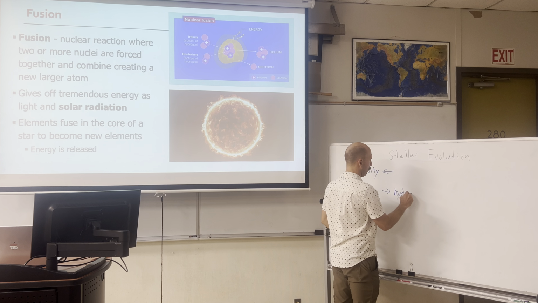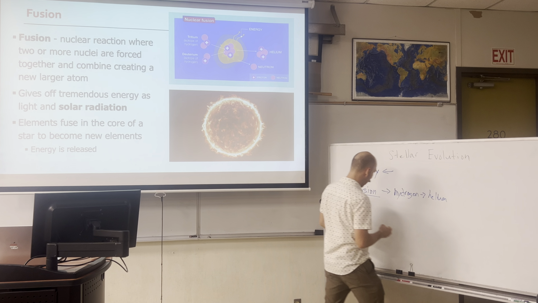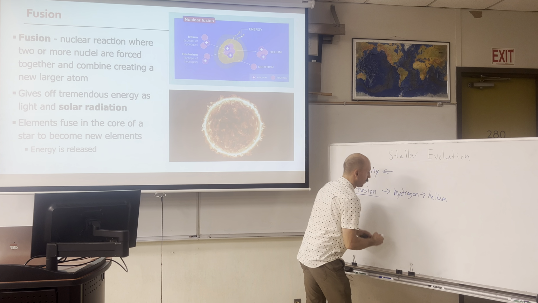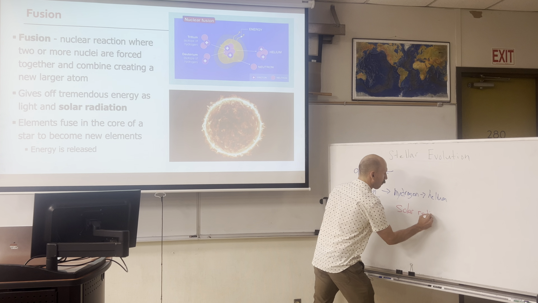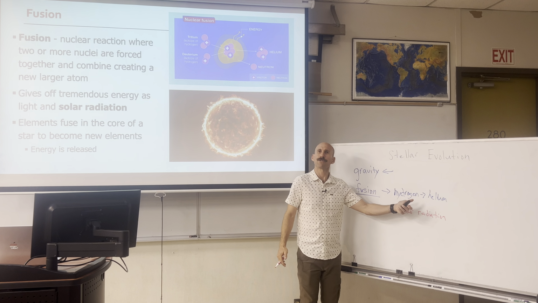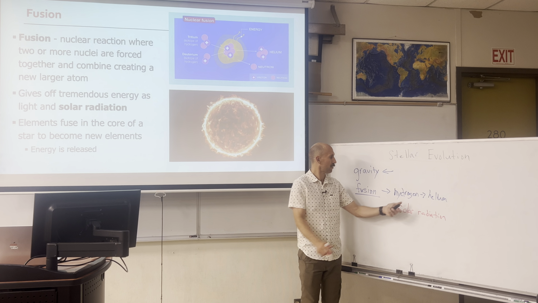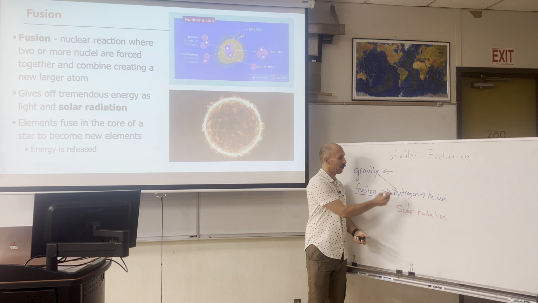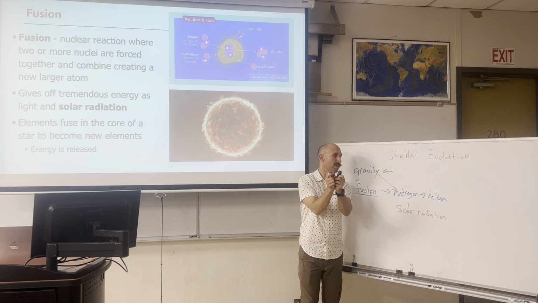Hydrogen to helium. And the byproduct of this is solar radiation. What force combines two hydrogens? What is it? Gravity. The gravity is so strong that it, boom, fuses two hydrogens together.